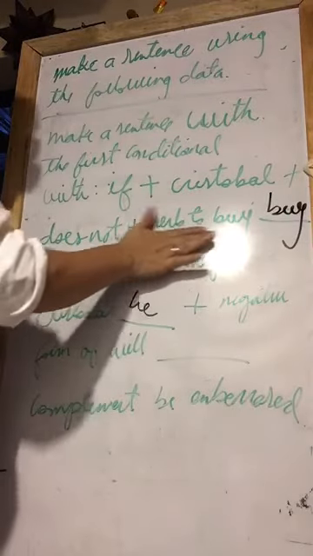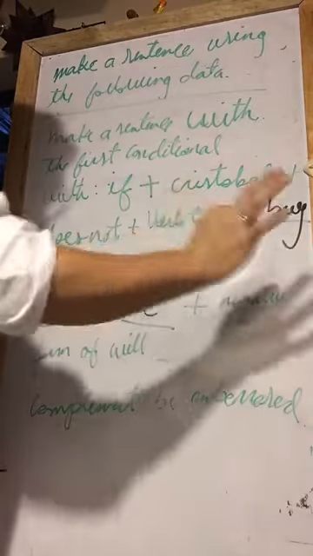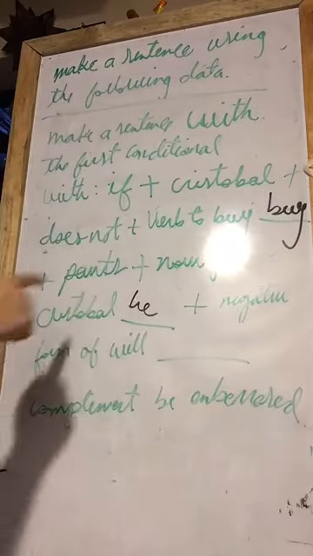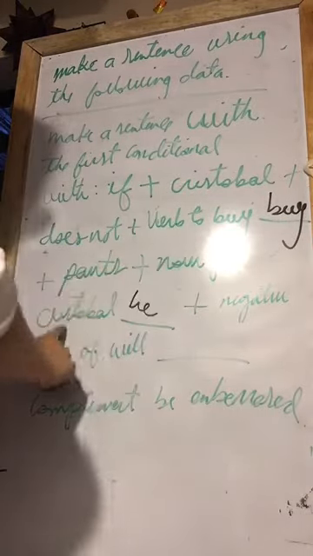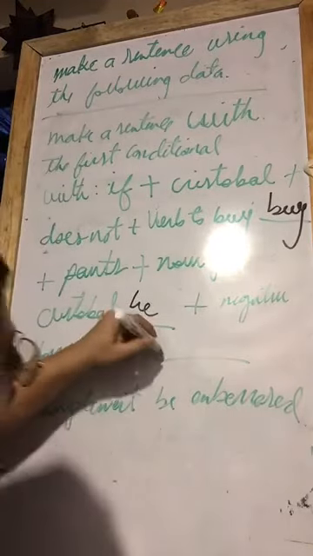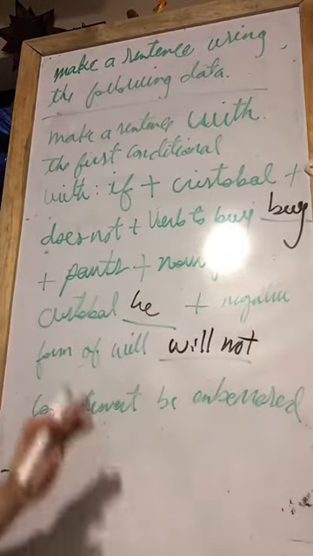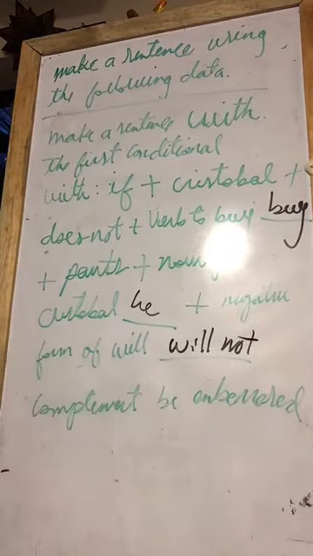We only do this as a formality, but if I give you a line, you have to fill in which specific verb you are going to use. And then noun for Cristobal is he, negative form of will, I told you, will not, no contractions. And then complement, be embarrassed.